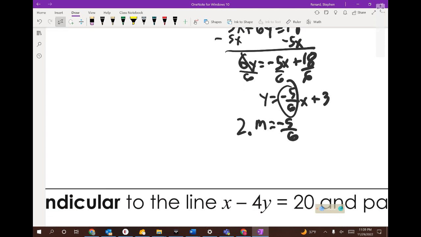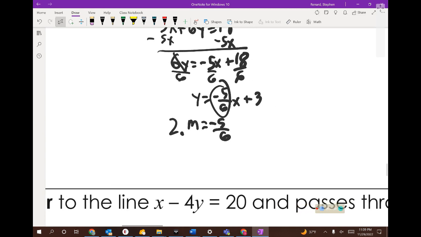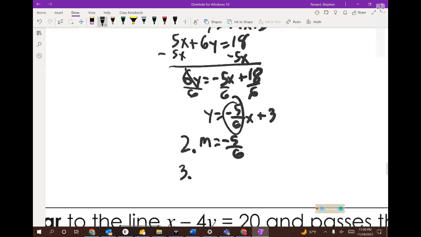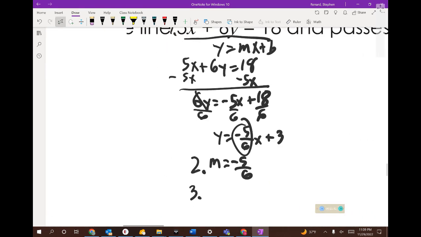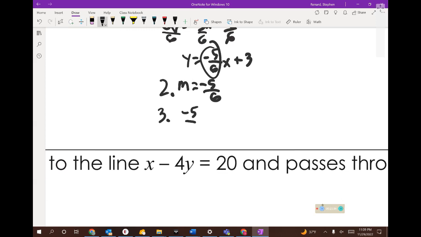We're going to take that negative 5/6. And remember, now we're looking at step 3. Step 3 says if it's parallel, we take the same one. If it's perpendicular, we take the negative reciprocal. Here we're looking for perpendicular, so we need that negative reciprocal. So we're going to take negative 5/6, and we're going to flip it upside down.